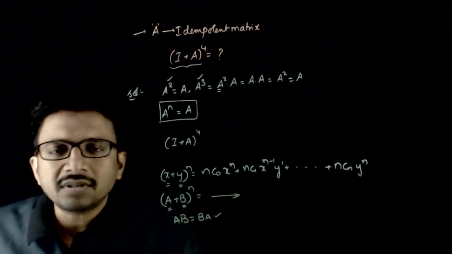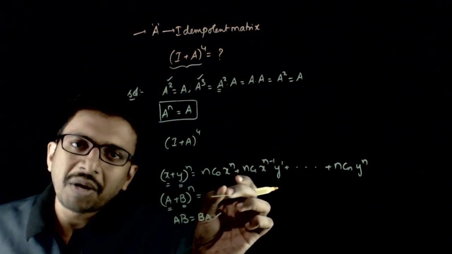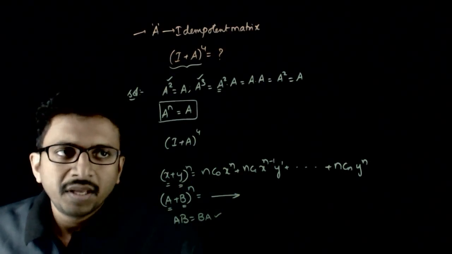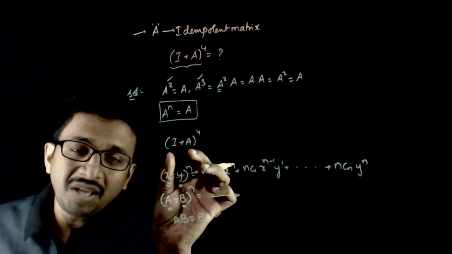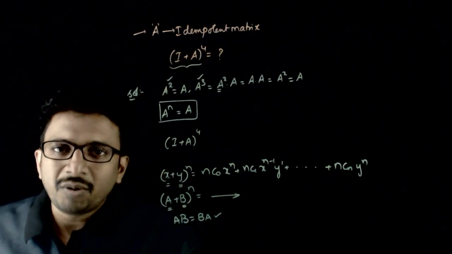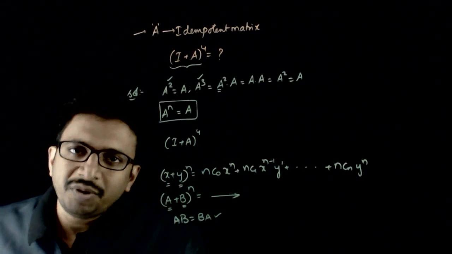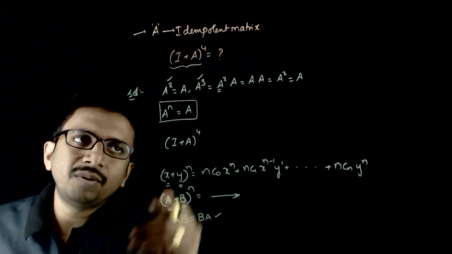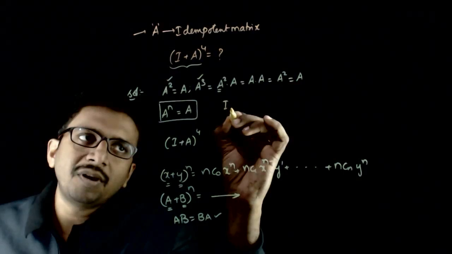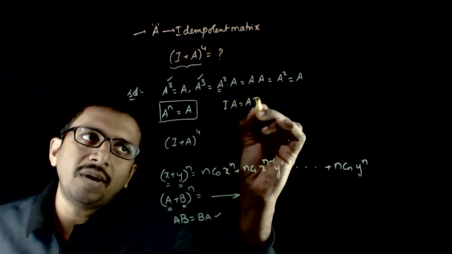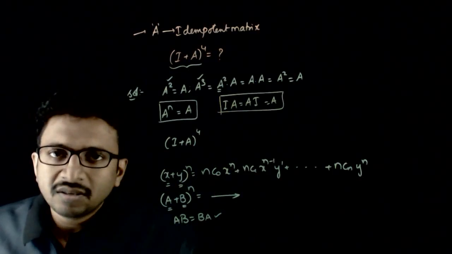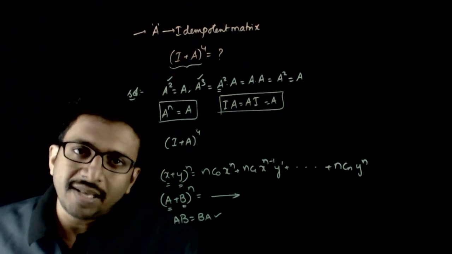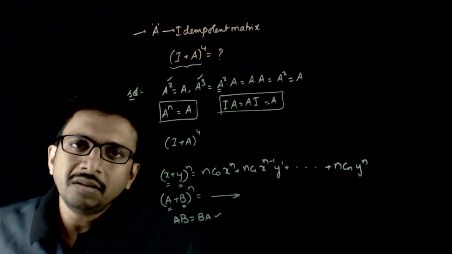Now for (I + A)^4, to use the binomial expansion, I and A have to be commutative. And from theory we know that I and A are commutative because I into A is equal to A into I, which is equal to A, since I is the identity matrix. So I and A are commutative matrices, hence I can use the binomial expansion.